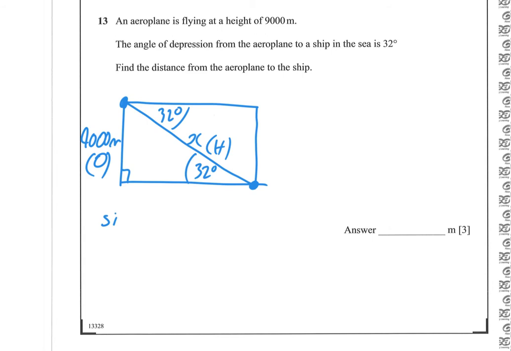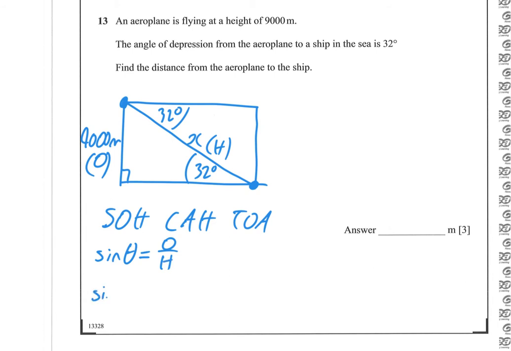So remember, I'll write that out, apologies. Your SOHCAHTOA: sine of the angle theta is equal to the opposite over hypotenuse.